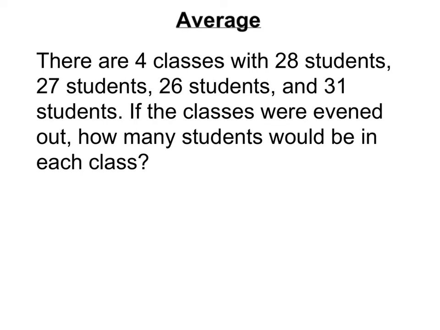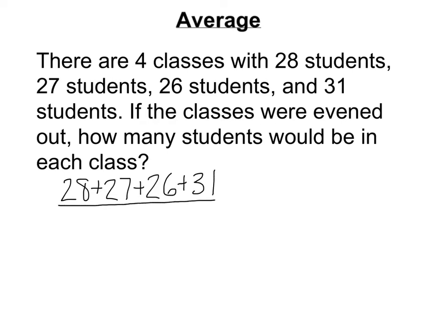So, we're going to take the sum of the 4 numbers, so 28 plus 27 plus 26 plus 31, and divide the sum by how many numbers there are. Well, there were 4 classes, so there are 4 numbers I'm adding together.